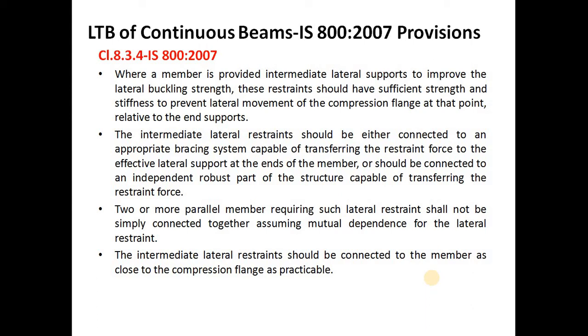Two or more parallel members requiring such lateral restraint shall not be simply connected together, assuming mutual dependence for lateral restraint. The intermediate lateral restraint should be connected to the member as close to the compression flange as practicable.